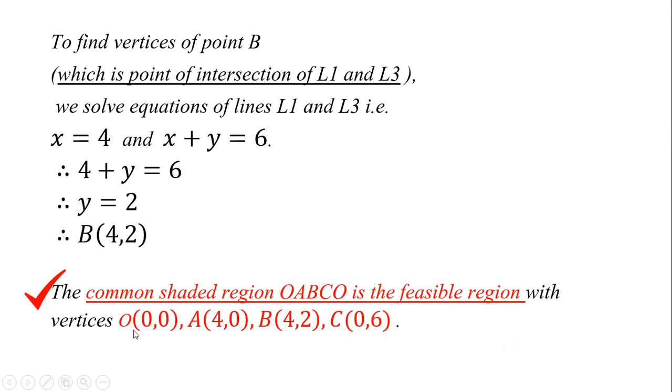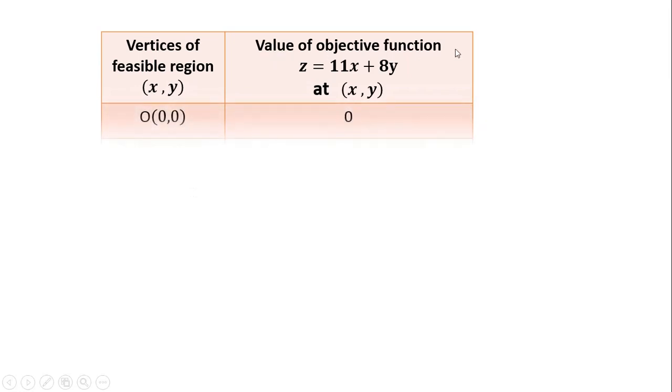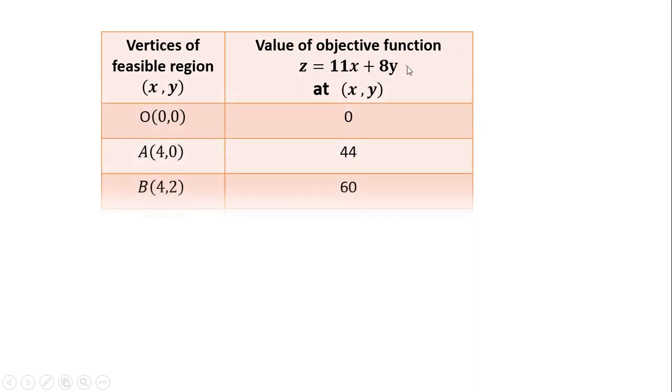Now we will find the value of z, that is the objective function, at these corner points. There are 4 corner points, so we have to find the value of z at these 4 points. So we will make a table with the vertices of the feasible region, that is the corner points, and the value of the objective function z is equal to 11x plus 8y, which is given in the example.